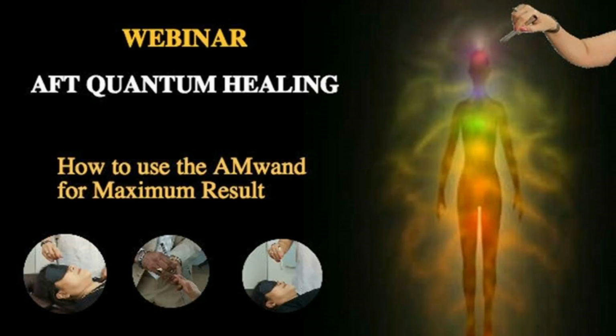All right. So I hear a lot of testimonials. I hear a lot of amazing results out of using the wand. But when I look at them, I feel that they are not maximizing the wand. They are not using the wand to the maximum. And perhaps that's because there's very little literature or training for them to maximize.